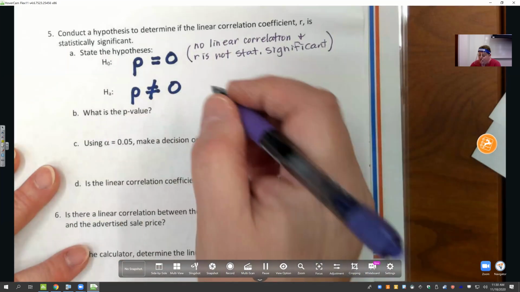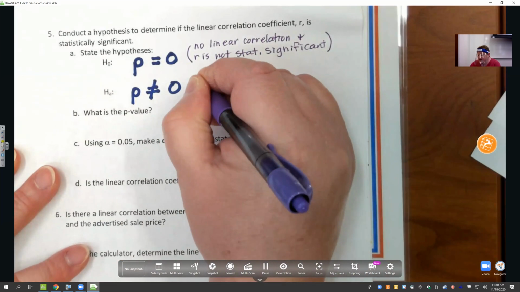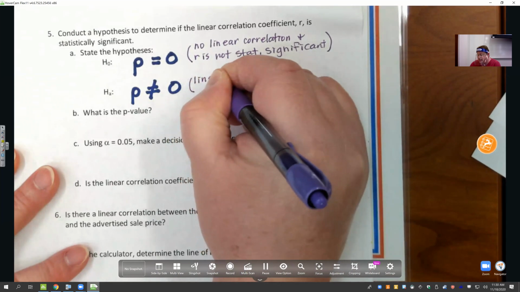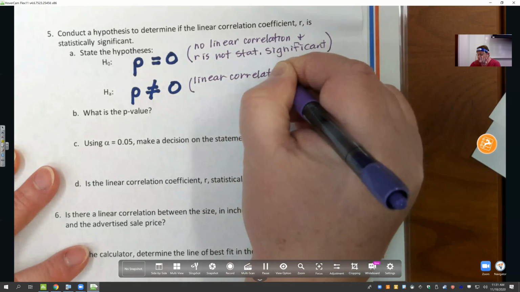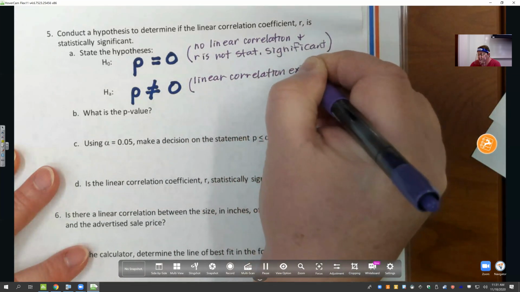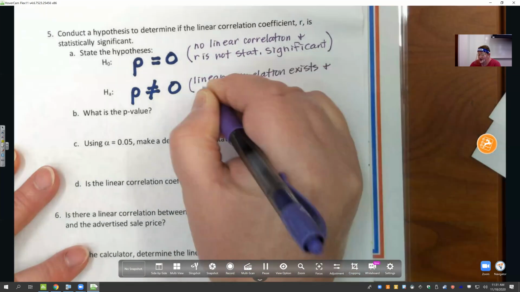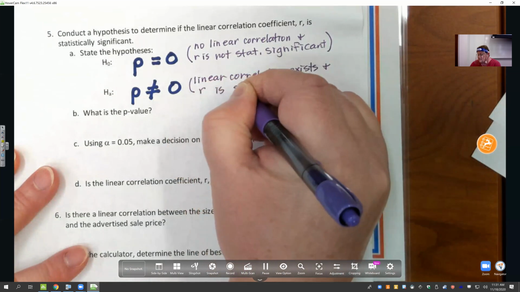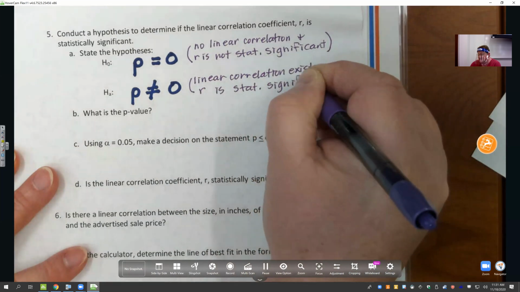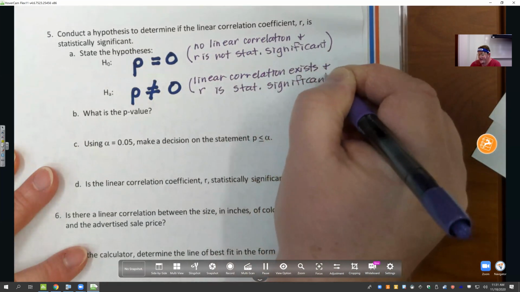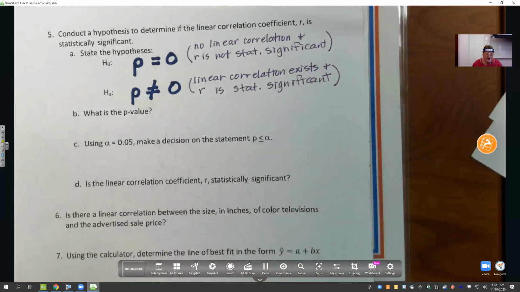If rho does not equal 0, then there is a linear correlation, and R is statistically significant. Okay, just as a side note to help you remember what those things mean.